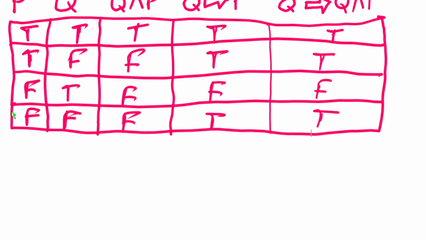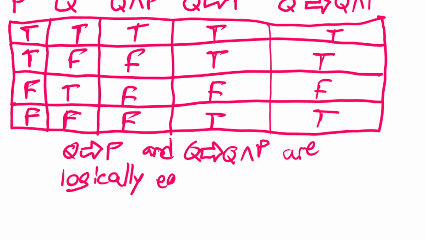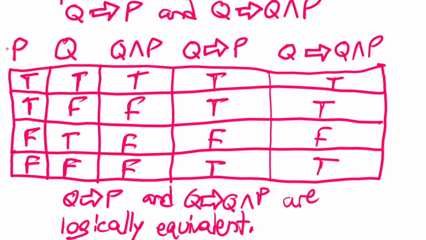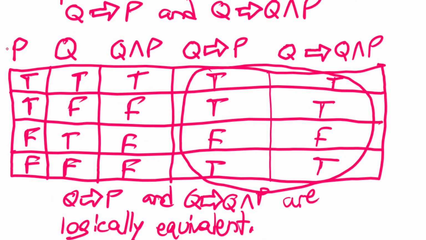So Q implies P and Q implies Q conjunction P are logically equivalent because they have the same truth values for all possible truth value combinations of the respective statements that make them up.